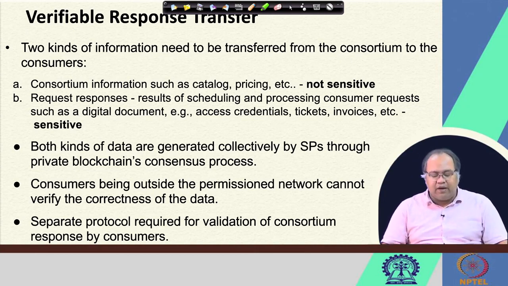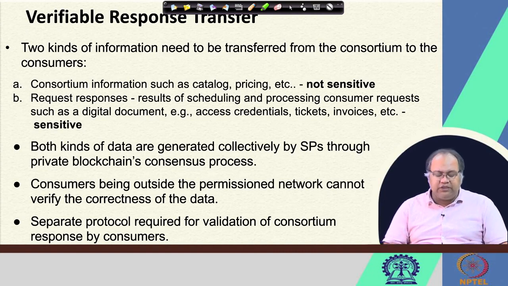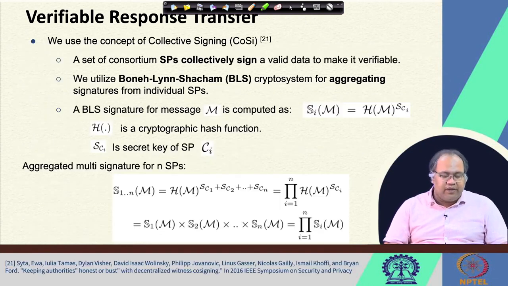Now, both kinds of data are generated collectively by the service providers through the private blockchain consensus process, and the consumers, being outside the permissioned network or the private blockchain network, cannot verify the correctness of this data. So, we need a separate protocol for validation of the consensus response by the consumers.